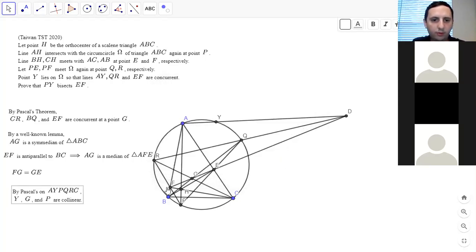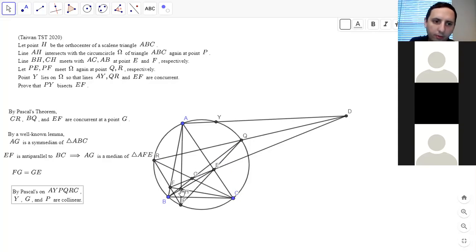So for everyone's knowledge, the lemma: if you start with any point H, it doesn't even have to be the orthocenter, you connect A through that point to the circle, and then you connect B and C to the sides of the triangle, so you'd get E and F, and then you draw PF and PE, and then you connect B and C to those points, and they meet at another point, and it says that AG would always be a symmedian.